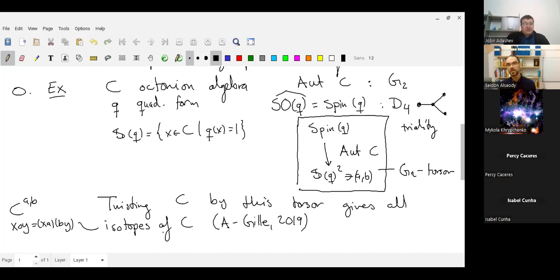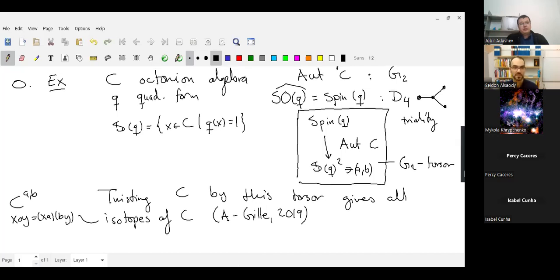And this way, so the isotopes have been known since the 40s, but with this machinery, you can say when isotopes are isomorphic or not, and in fact deduce that there are octonion algebras that have non-isomorphic isotopes. So this example started the whole business of doing this with other more complicated non-associative algebras and their corresponding groups.